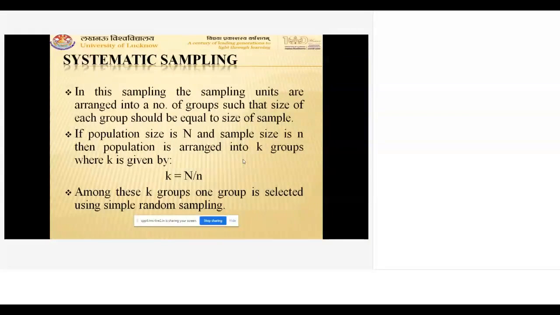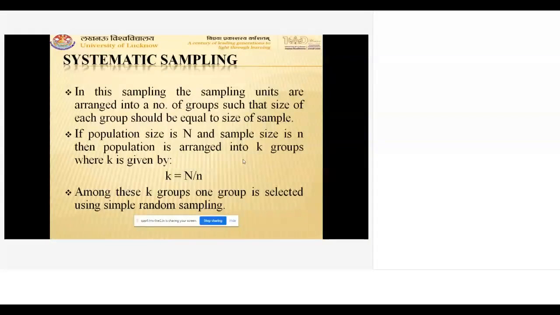If population size is capital N and sample size is small n, then the population is arranged into K groups such that K is equal to capital N upon small n. That is, the population size should be a multiple of sample size. That means we can write capital N is equal to K into small n. But sometimes this does not happen.